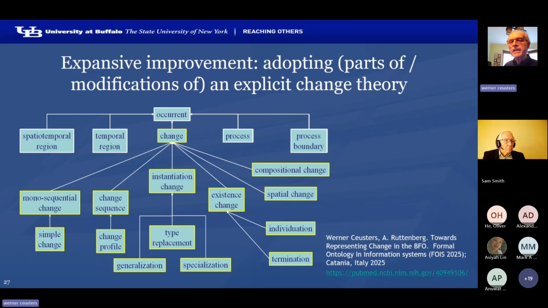We noticed that when you look very carefully at the definition of process and at all the axioms that govern the behavior of processes, there are some really unintended results that have to change anyhow. But because the two of us are not custodians of the BFO itself, we decided not to touch that, but introduce a new occurrent, which we call change, with several subtypes underneath it.